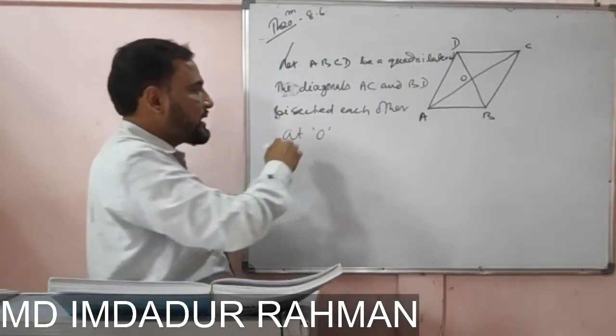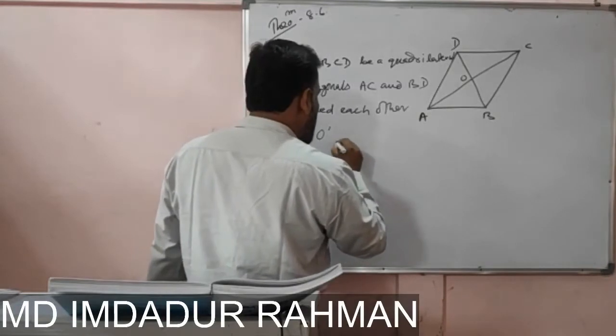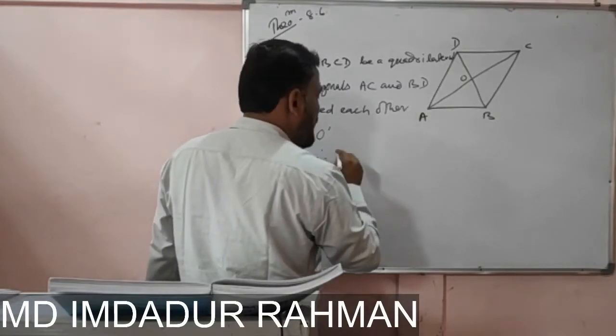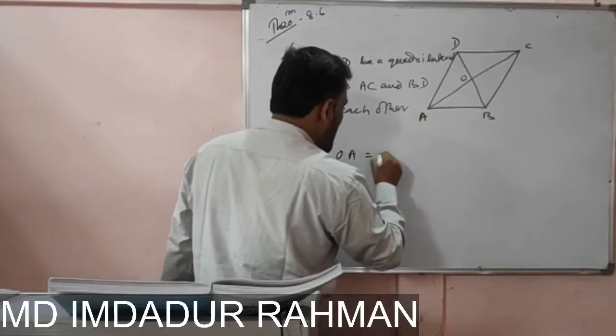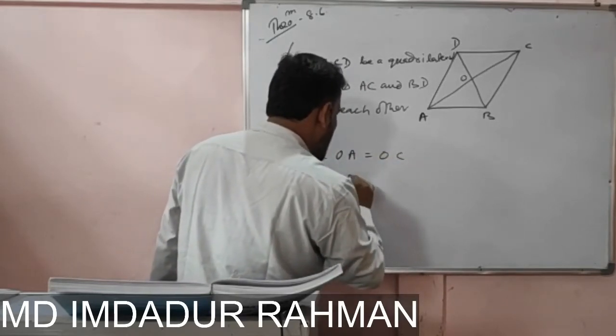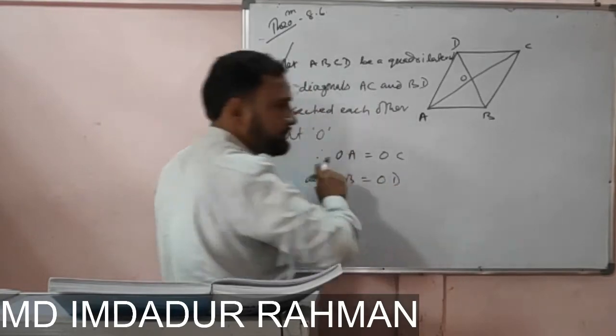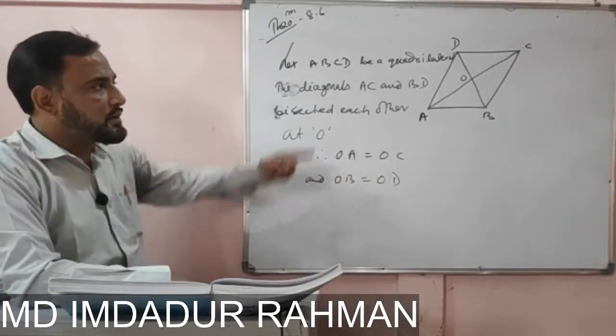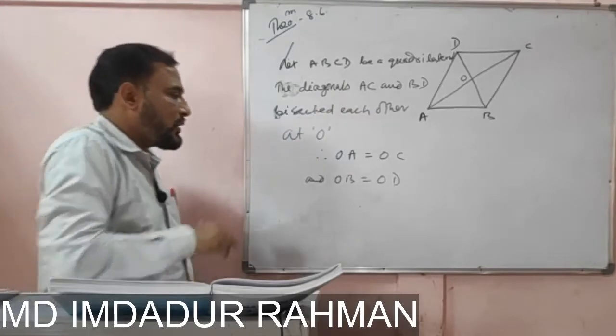If it is bisected, then we can say OA is equal to OC and OB is equal to OD. Now we have to prove that this quadrilateral ABCD is a parallelogram.